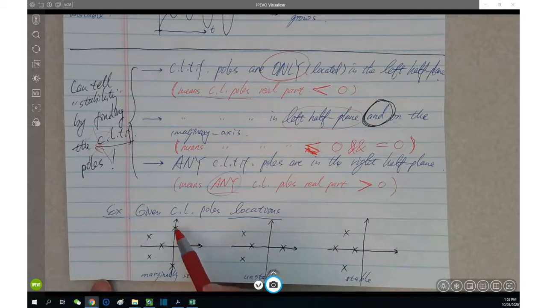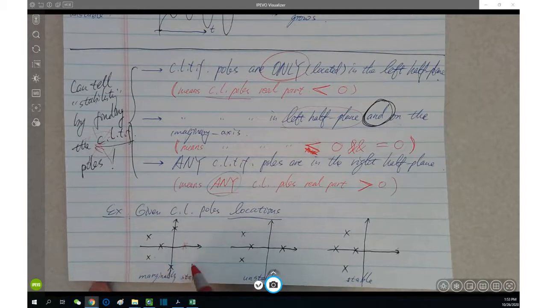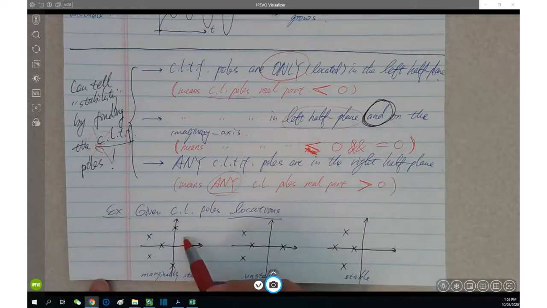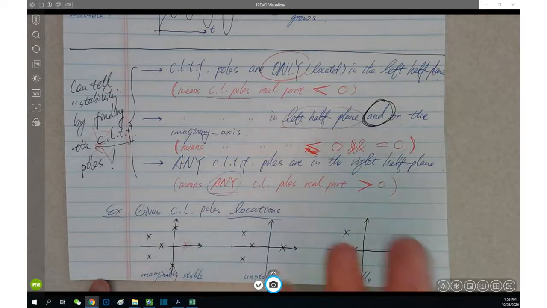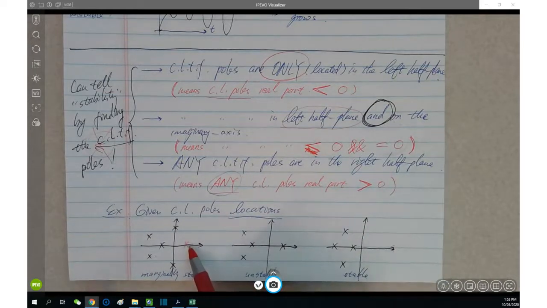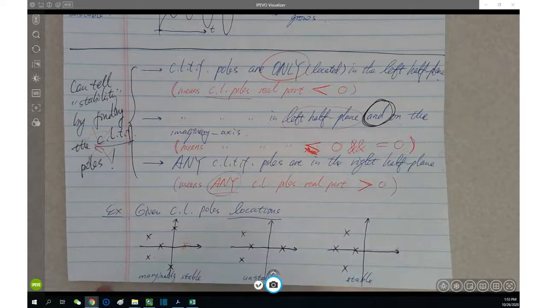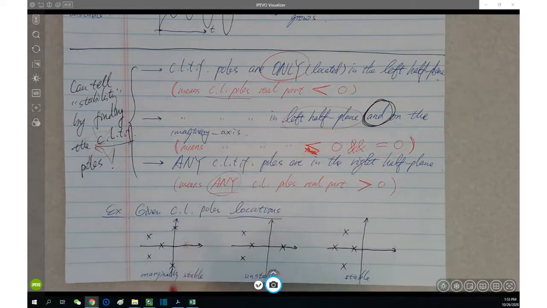You have something along the y-axis, you have something in the left half plane, but all of those become meaningless since you have one, even if just one, in the right half plane. Immediately unstable. So we are not talking about how many on the left, how many on the right. We are talking about as long as you have something on the right, unstable.